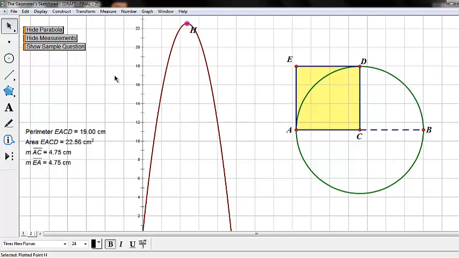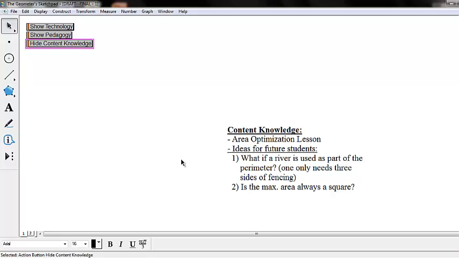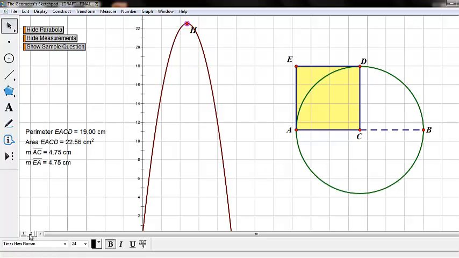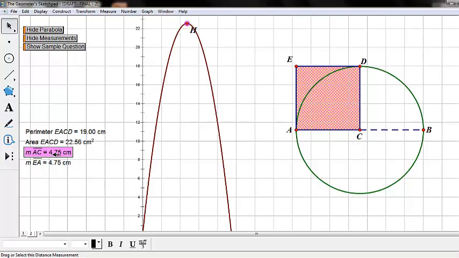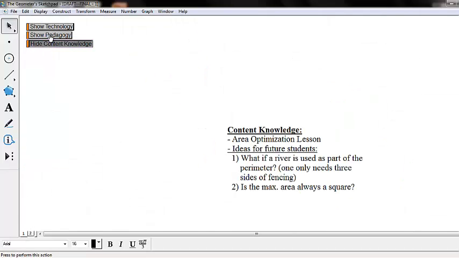And some future ideas for students to look further into is, what if a river is used as part of the perimeter? So technically you only need 3 sides of fencing, which would increase the area. And I was wondering if there was a way to illustrate this in Geometry Sketchpad. And another great question is, is the max area always a square? As it was in my illustration, it is a square with all 4 sides being 4.75 centimeters. But is that always the case?